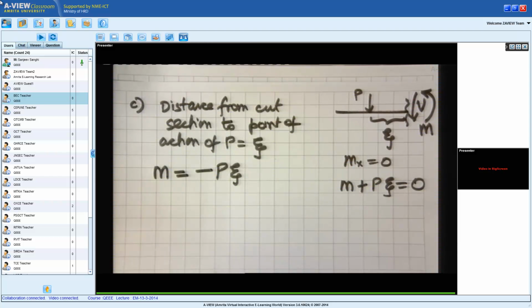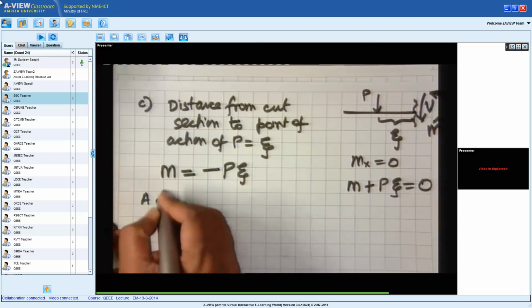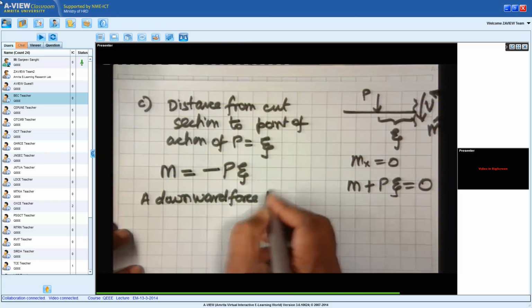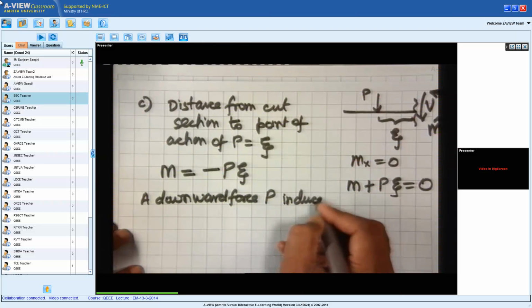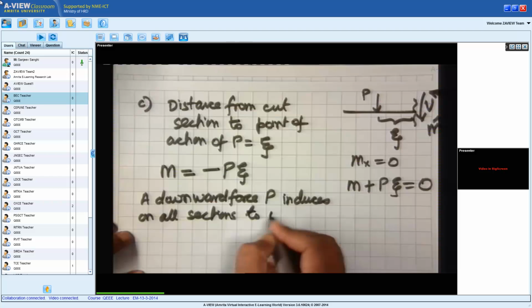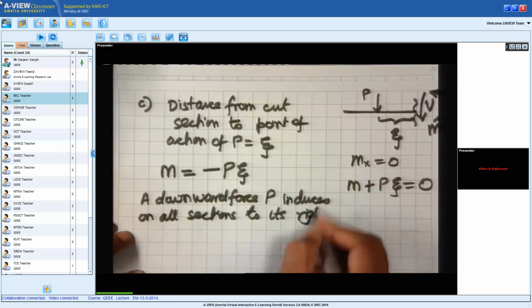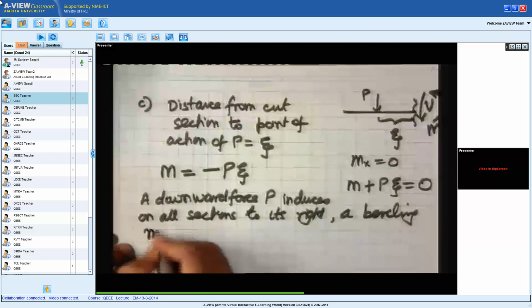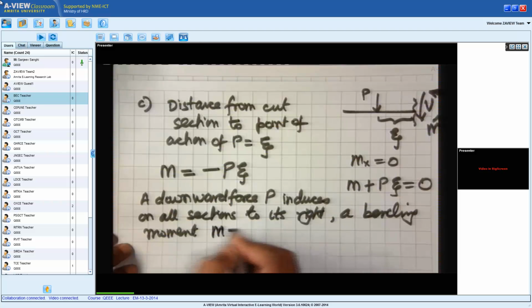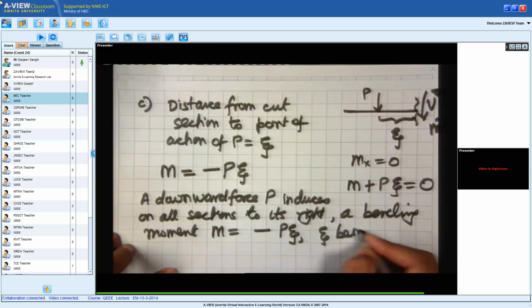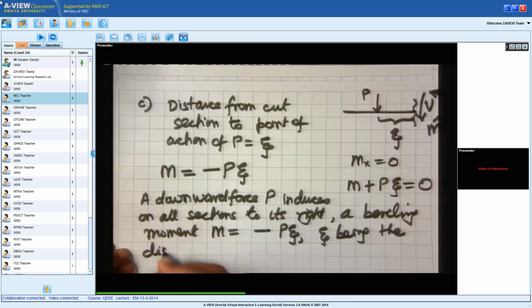So what I can generally say, and this gives me rule number 3: a downward force P induces on all sections to its right a bending moment M is equal to minus P times zeta, zeta being the distance from the cut section.